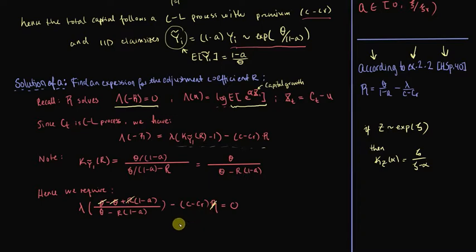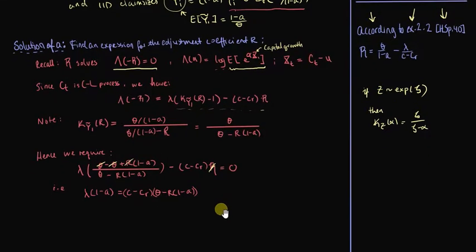So if we just divide the entire equation by R, then these R's cancel, and what we then have is that lambda multiplied by 1 minus a shall be equal to c minus cr multiplied by theta minus r multiplied by 1 minus a.